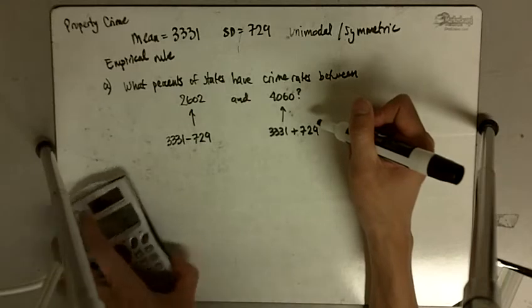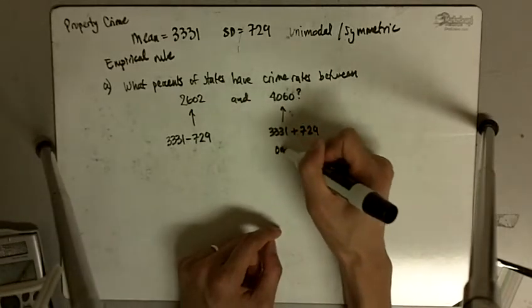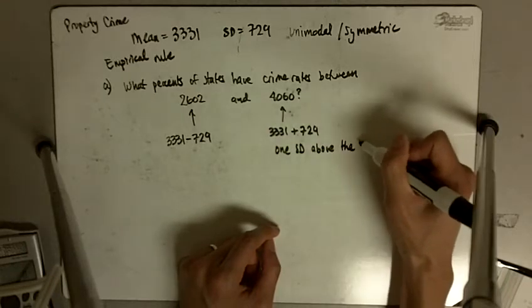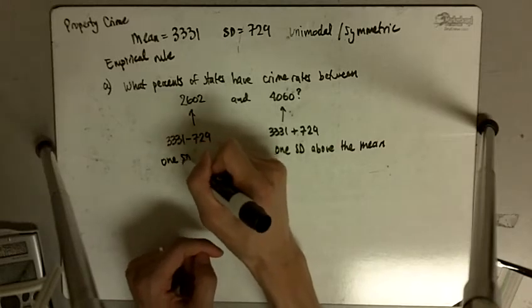Okay, so this is basically 1 standard deviation above the mean, and this is 1 standard deviation below the mean.